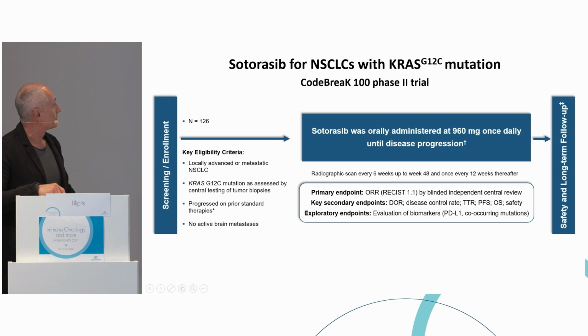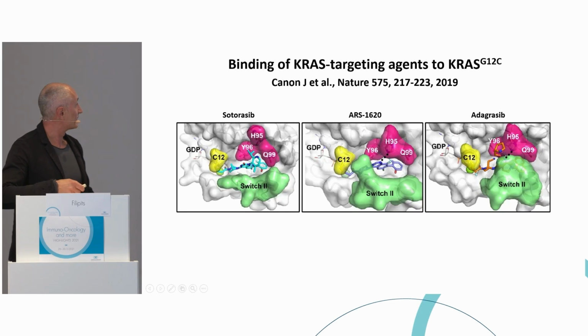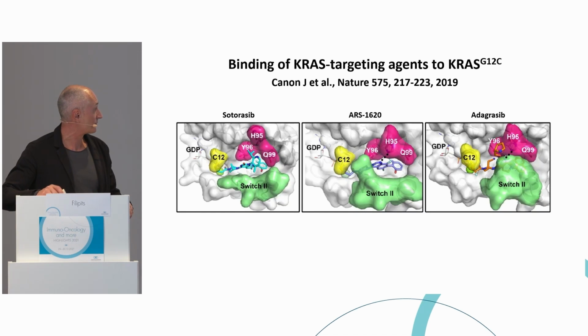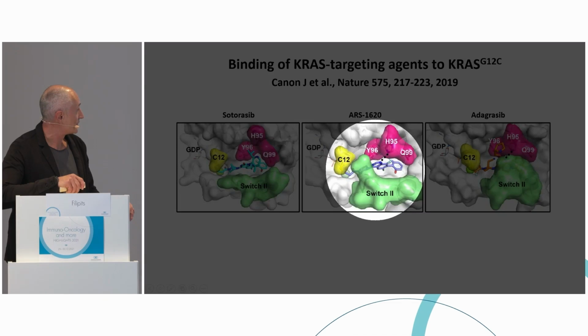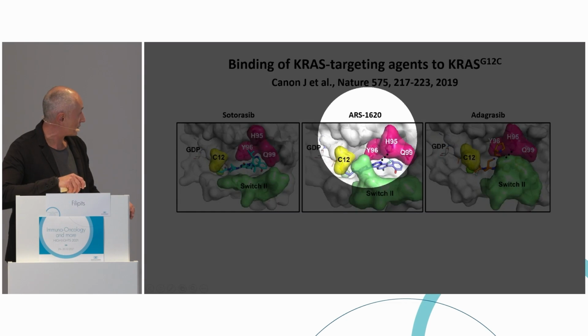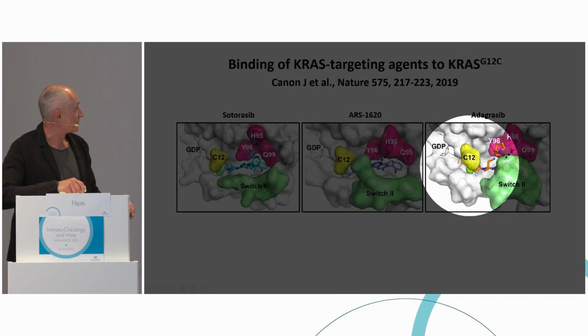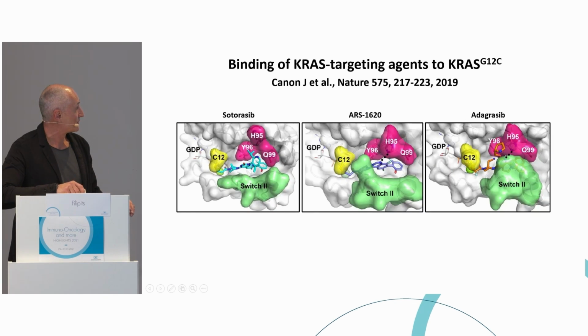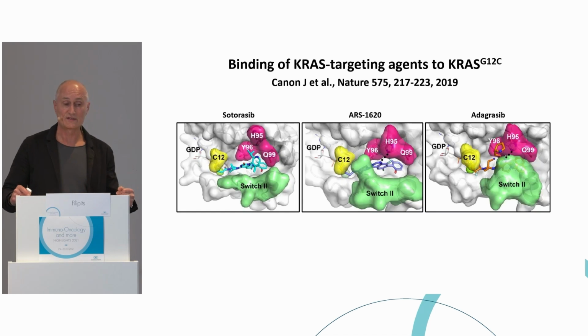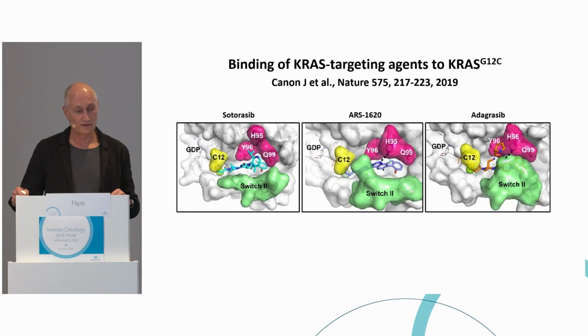The difference from sotorasib to ARS and adagrasib is in this hydrogen bond here. So the other two inhibitors bind covalently to this C12 position, but they also have this hydrogen bond with a cysteine at position 95, which means that this drug should be more specific and also have a high activity. In theory, we'll see what the clinical data will tell us.